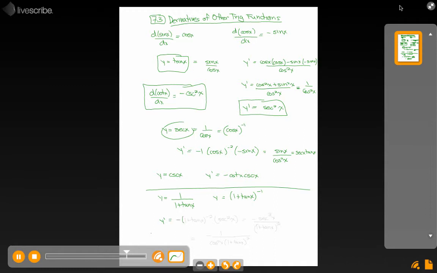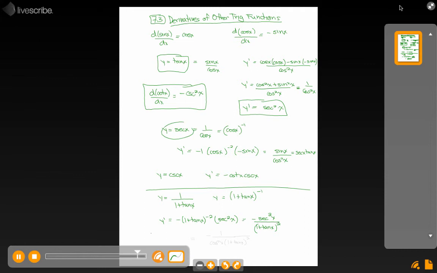We have to multiply by the derivative of tan, which is secant squared. And so basically you have negative secant squared x over 1 plus tan x in brackets squared.